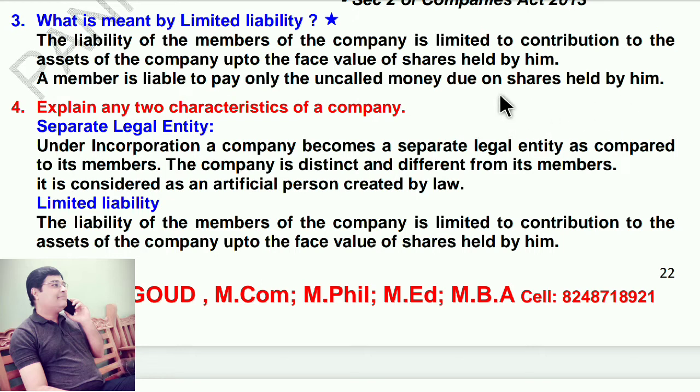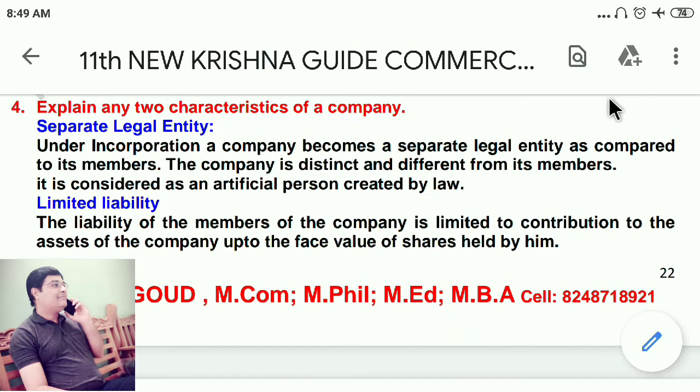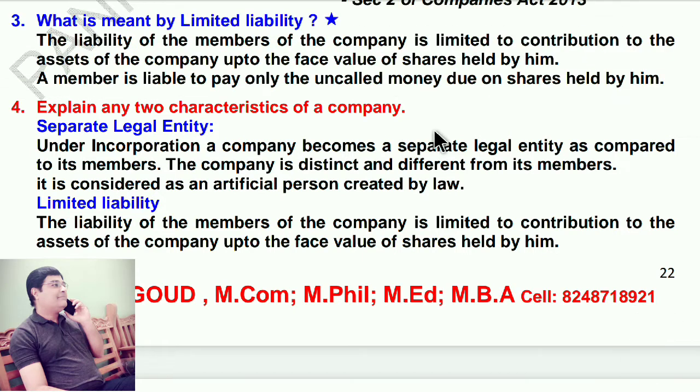It means you purchase the shares. For example, you purchase 50,000 rupees of shares and you paid 30,000 rupees. So if you pay the balance 20,000, then there is no liability for you afterwards. Once you paid the full amount of shares, no need to pay any other amount. That is known as limited liability.